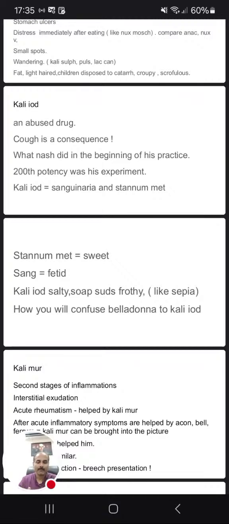That's where, after belladonna fails, Kali iode needs to be given. This is what Dr. Nash shares in his book, Leaders in Homeopathic Therapeutics, and that's where you need to read.